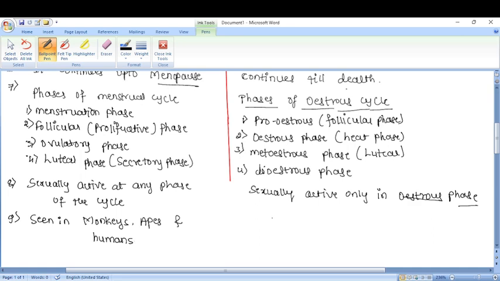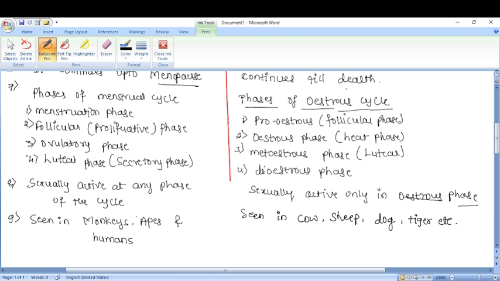And the oestrus cycle is seen in, as examples you can write, cow, sheep, dog, tiger, etc.